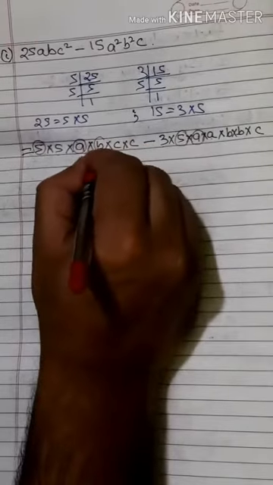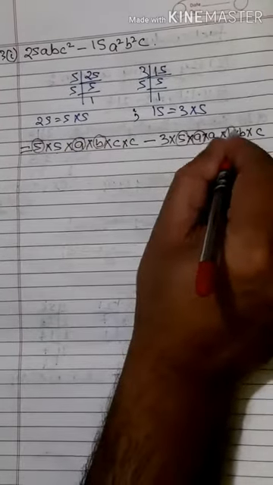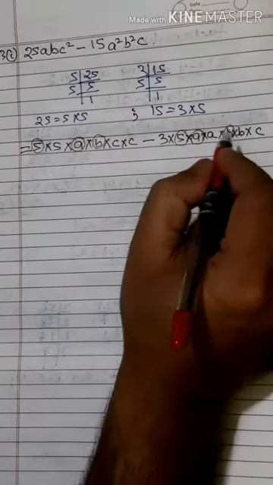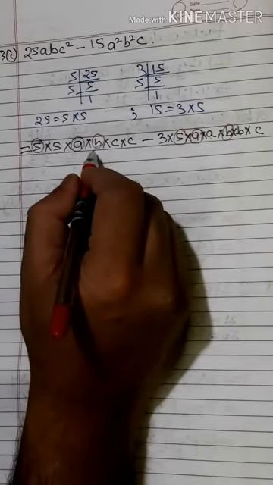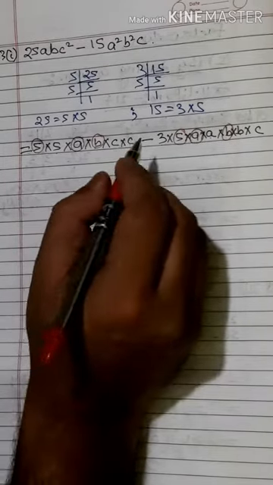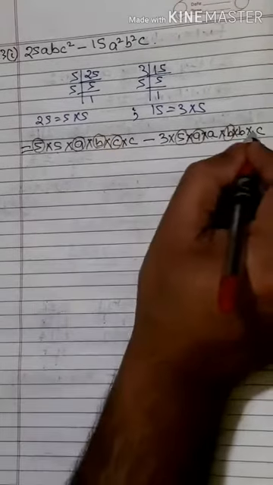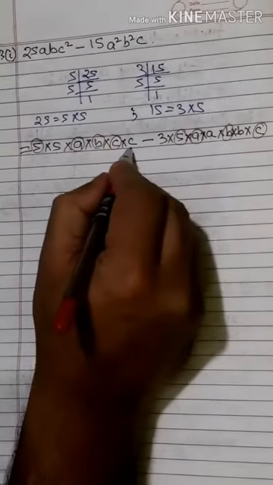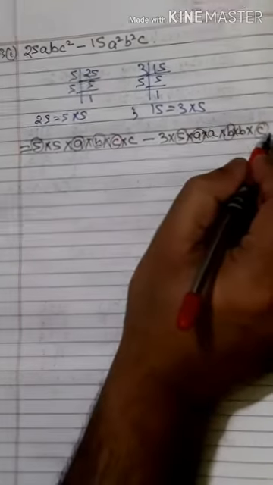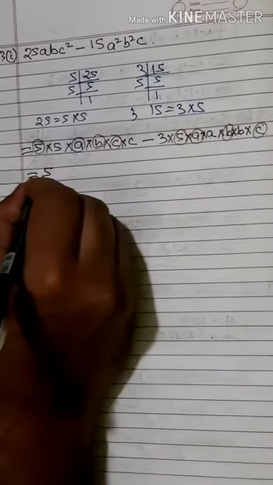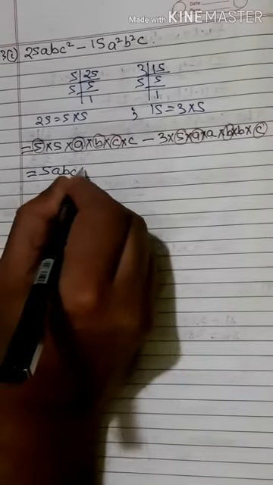We have a b here, we have a b here, but we do not have any more b, so we can't take b again as common. Next we have a c here, we have a c here. We have one more c here, but there is no more c in the second term. So 5abc is common.